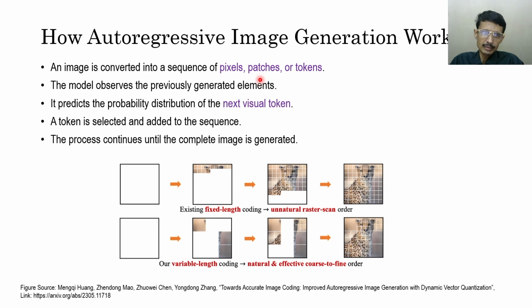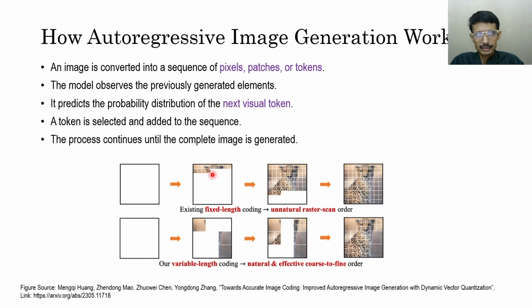Now, here is an image example. An image is converted into a sequence of pixels, patches, or tokens. Here you can see these are the patches. The model observes the previously generated elements, and then it predicts the probability distribution of the next visual token. From this, we can get the next token, which is selected and added to the sequence.